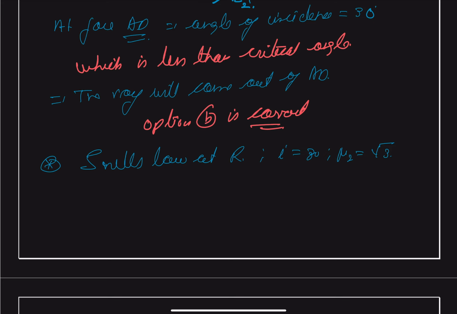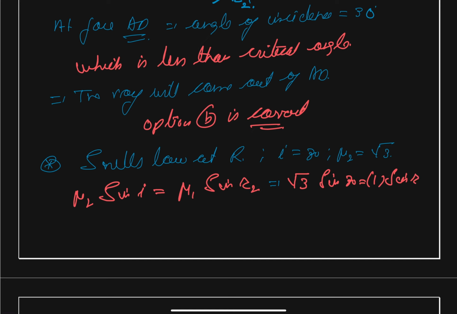So mu2 sine of I is equal to mu1 sine of R2, which gives square root of 3 sine of 30 is equal to 1 times sine of R2. So R2 will be equal to 60 degrees.